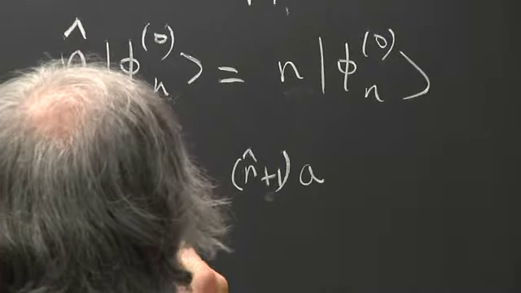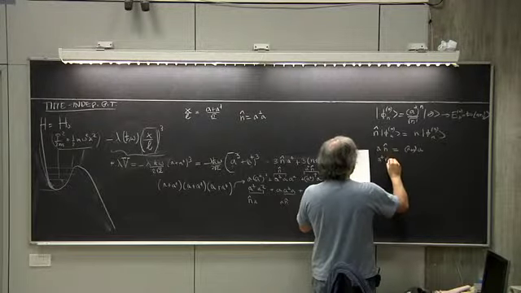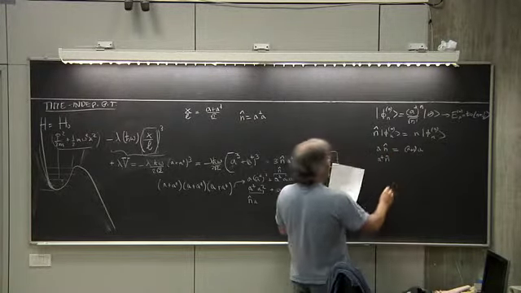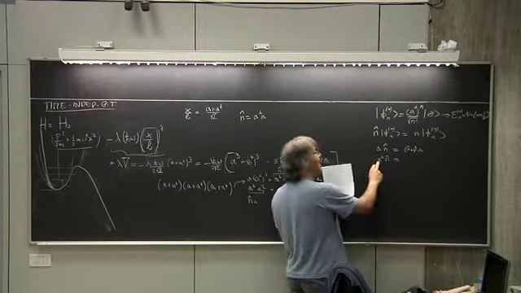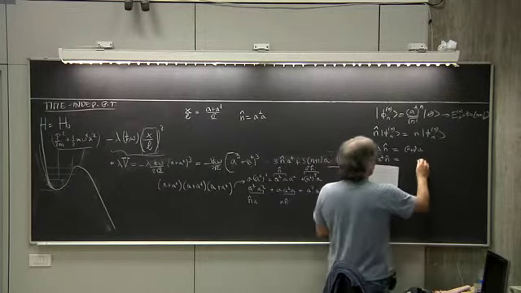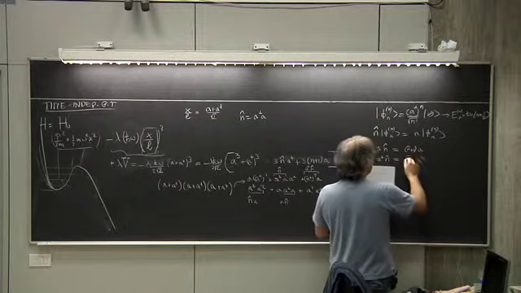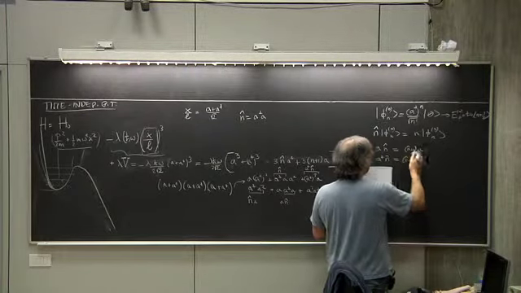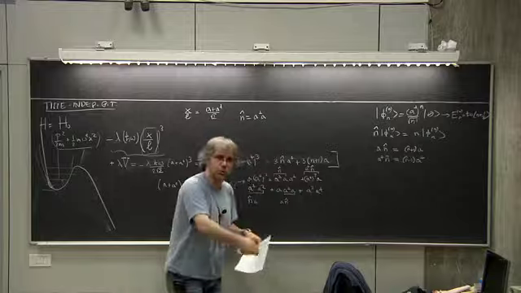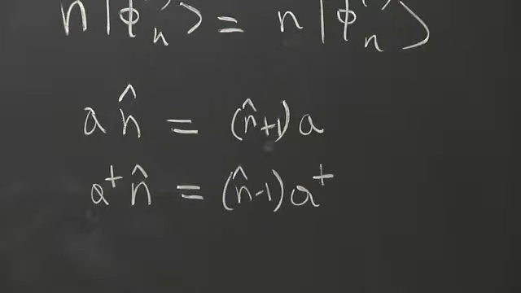Another result that is possibly useful is the following. A dagger n, if you first count and then you create, it's equivalent to first creating and then counting, but obviously subtracting 1, because there's 1 more that you have just created that you shouldn't count.